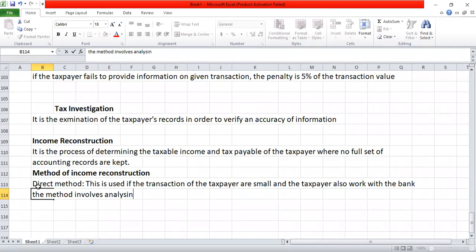It involves analyzing the deposits made by the taxpayer in the bank. So that is what we are saying on this method. You only use this method if the taxpayer has few transactions and also works with the bank. If he does not work with the bank, it is very hard to find income for the taxpayer in this case.